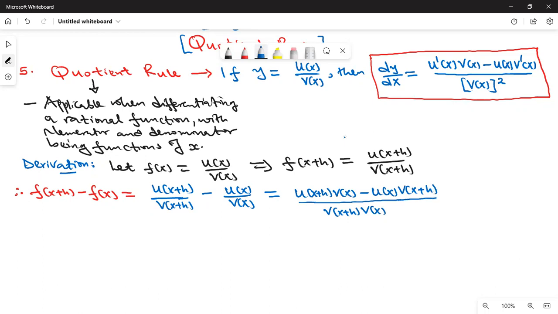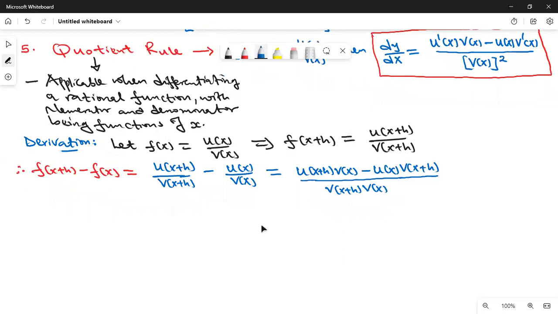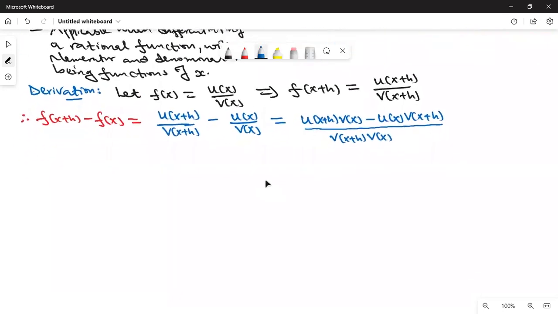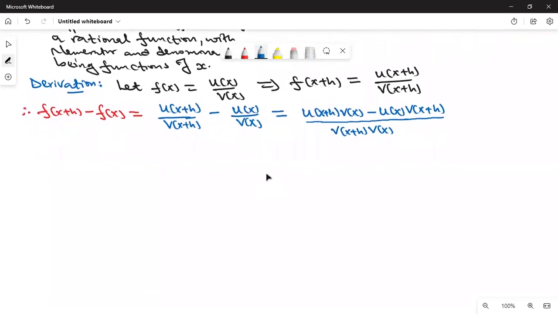So in the numerator, I am going to add and also subtract a certain function.